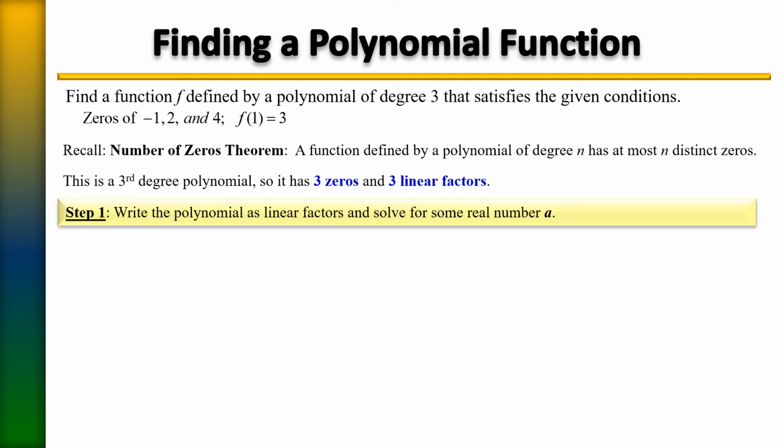The only thing we need now to finish writing this polynomial function is the leading coefficient, which tells us whether the function is facing upward or downward, depending on whether it's positive or negative.